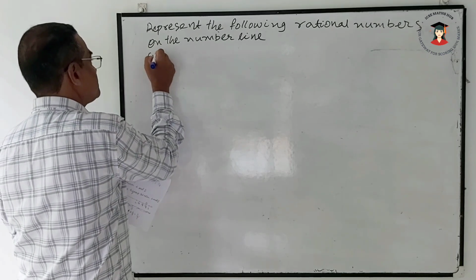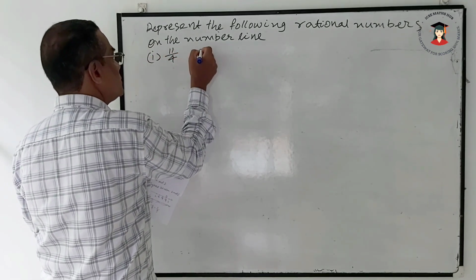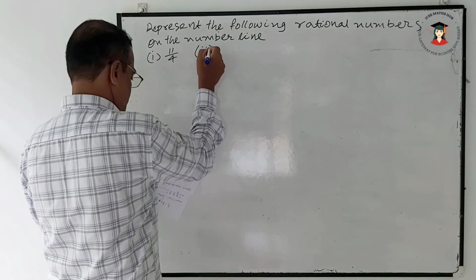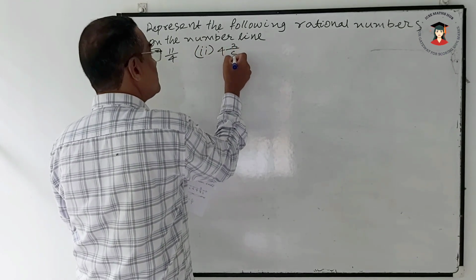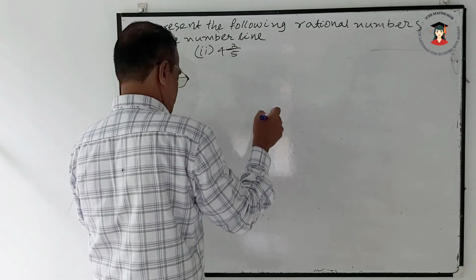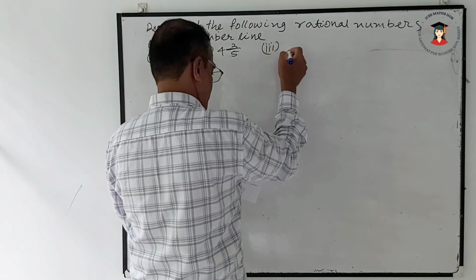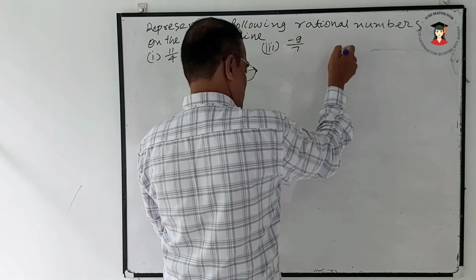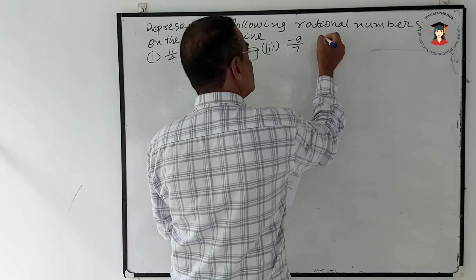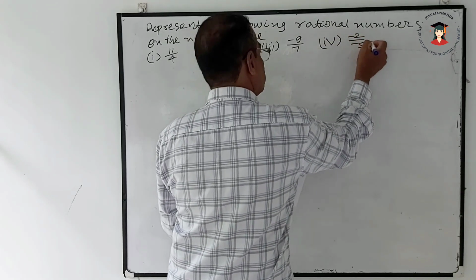One, 11 by 4. Two, 4 and 3 by 5. Three, minus 9 and 9 by 7. And four, minus 2 by minus 5.